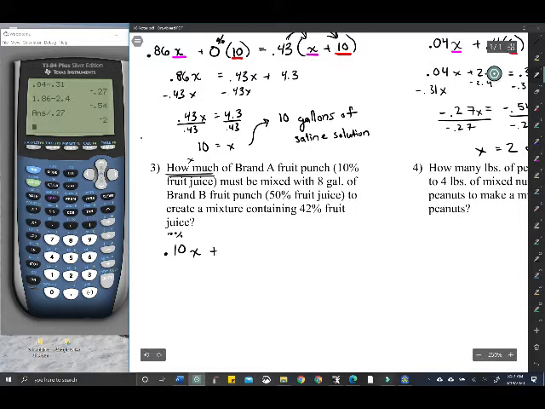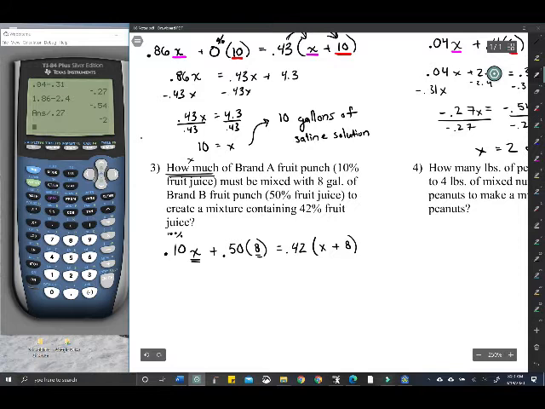So plus, and brand B is 50% fruit juice. So 0.50. This one I know I'm going to have 8 gallons. To create a mixture containing 42% fruit juice. So 0.42, our unknown quantity plus the known quantity.